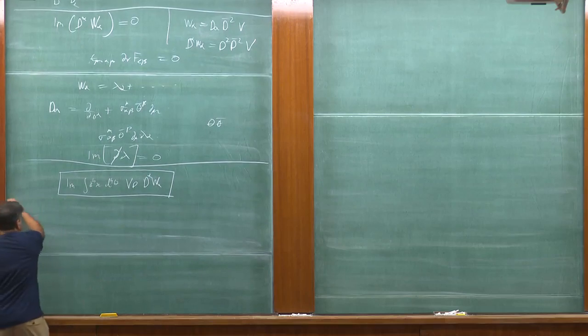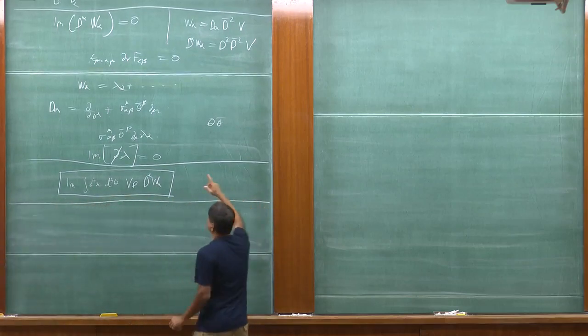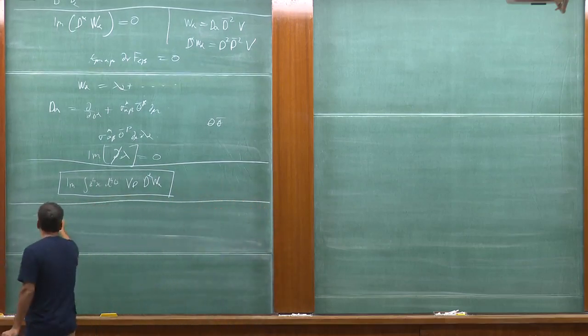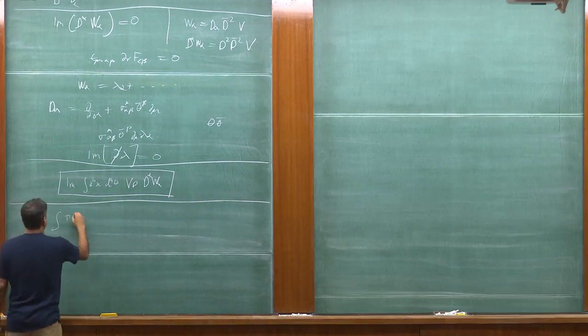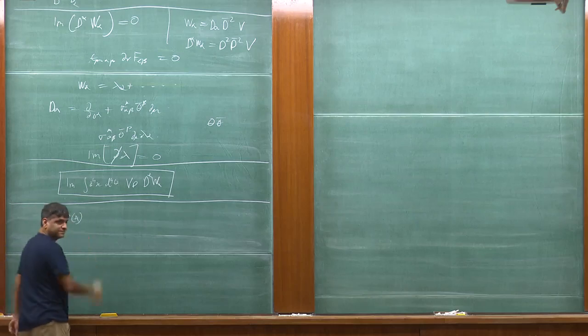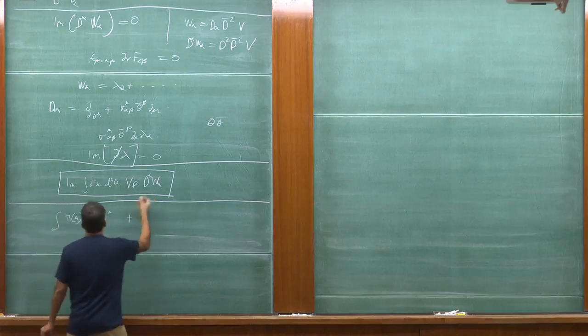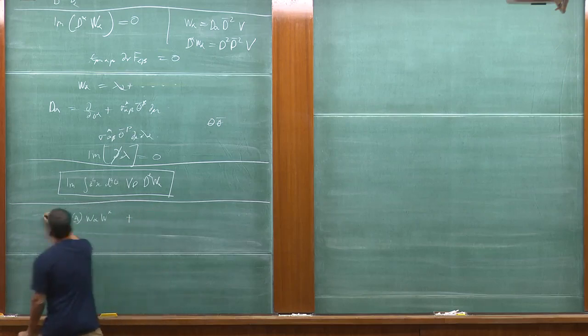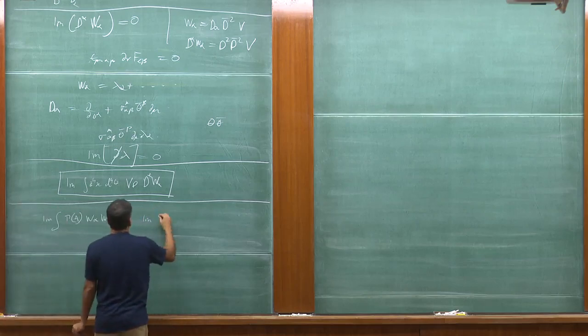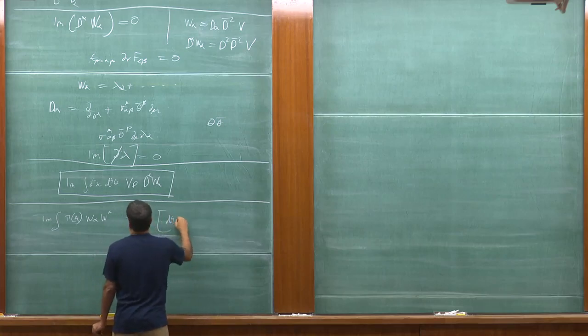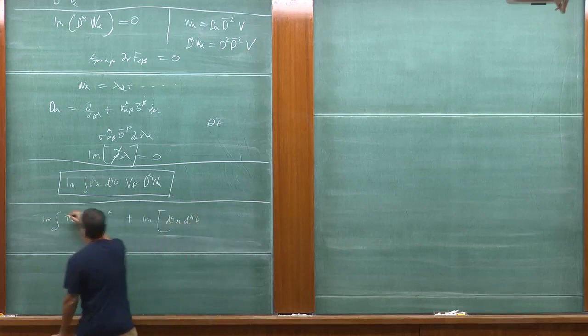So now let's look at the part with the gauge field. The action is tau of A W alpha plus, this was imaginary, and then this plus the imaginary part of d4x d4 theta, this d2 theta.